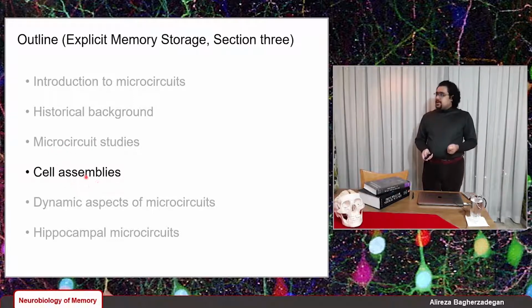Now in this lecture, I'm going to talk about cell assemblies, because they are important parts of microcircuits. And in the next part, I'm going to talk about the dynamic aspects of microcircuits. In a separate lecture, I'll do the introduction on hippocampal microcircuits.